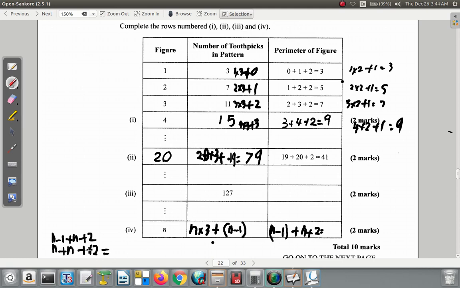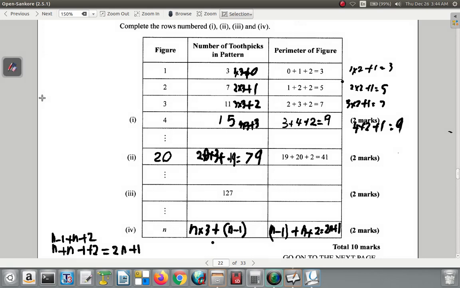So 2n, negative 1 plus 2 is 1, plus 1. So it would be 2n plus 1 when you simplify this. 2n plus 1 here.